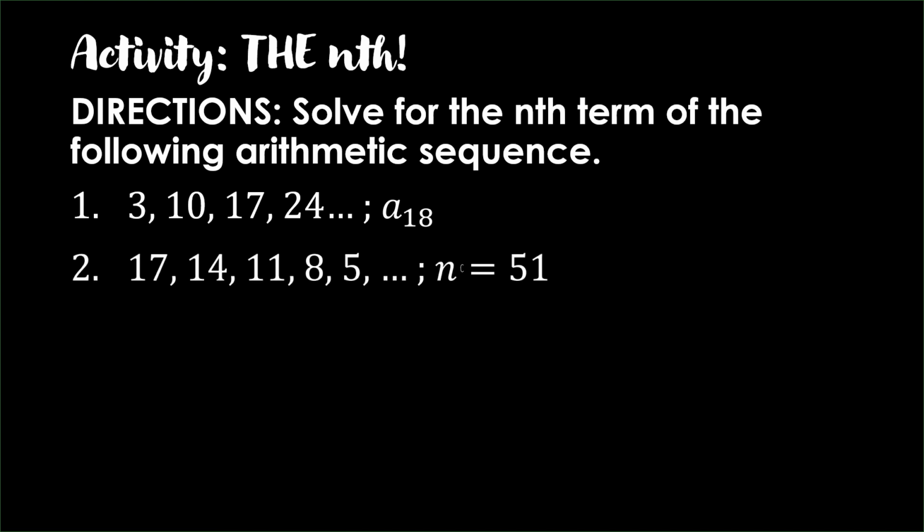Number 2: 17, 14, 11, 8, 5, and so on. Find the 51st term, where the term's location is n equals 51. Number 3: a sub 1 equals 5, common difference of 4, and find the 11th term, which has a term's location of 11.